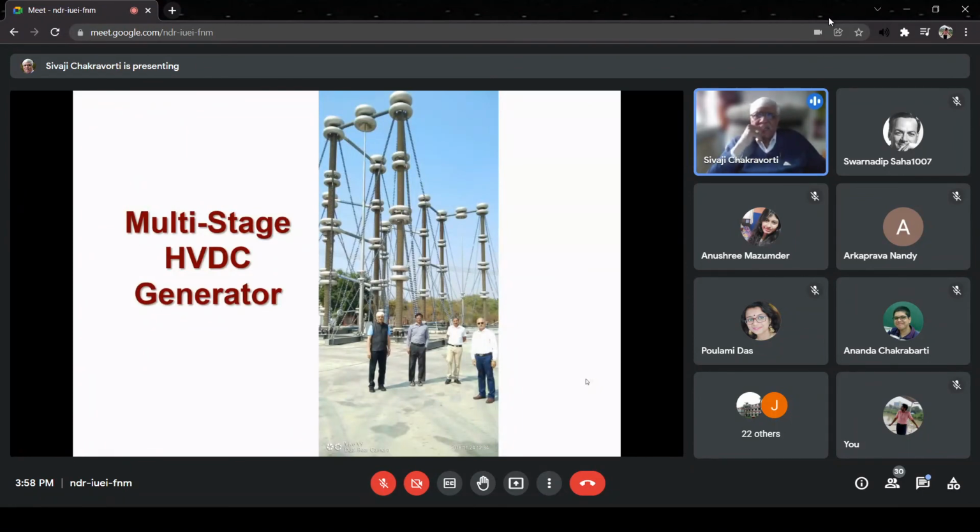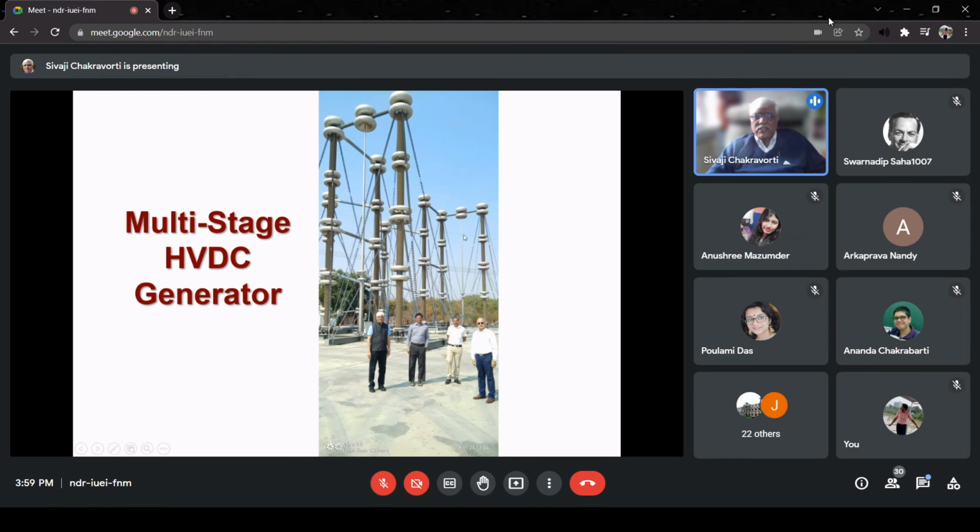Now, if it is coming on your screen, this is again the Central Power Research Institute, CPRI Hyderabad photo. You can see here, this is an 8-stage high voltage DC generator. Now, if I say it is a DC generator, everybody will be so surprised.